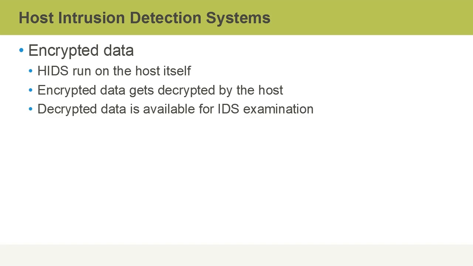Whereas with the network intrusion detection system, in most cases, any encrypted network data isn't examined by the network intrusion detection system. There are some exceptions because there are some network intrusion detection systems that do have the ability for you to specify a decryption key or to import, for example, a PKI certificate that contains a decryption key. In this video, we talked about host intrusion detection systems.